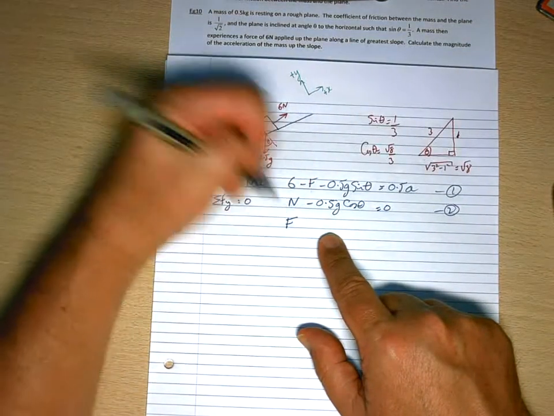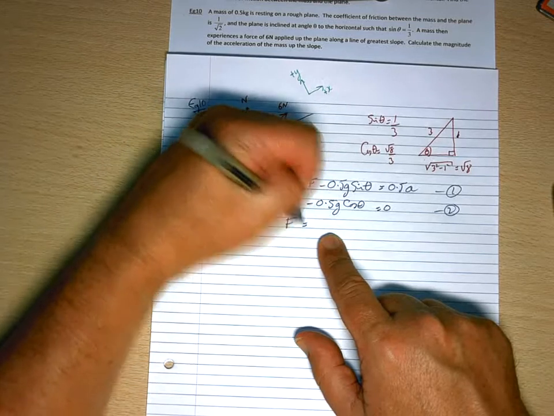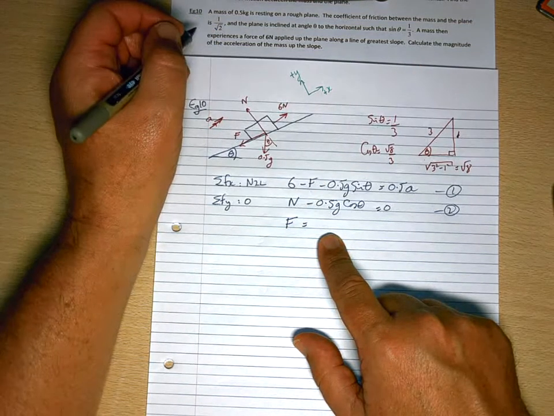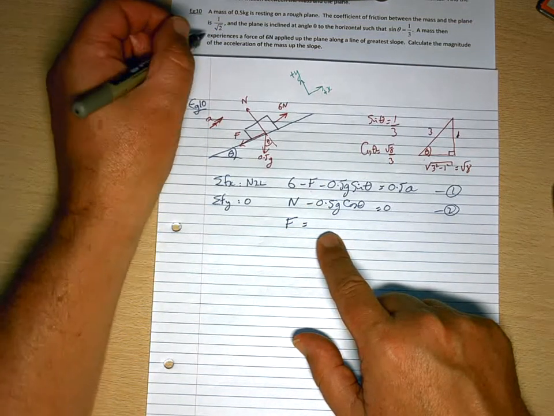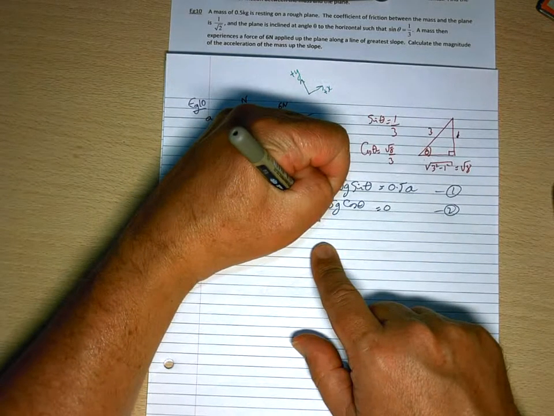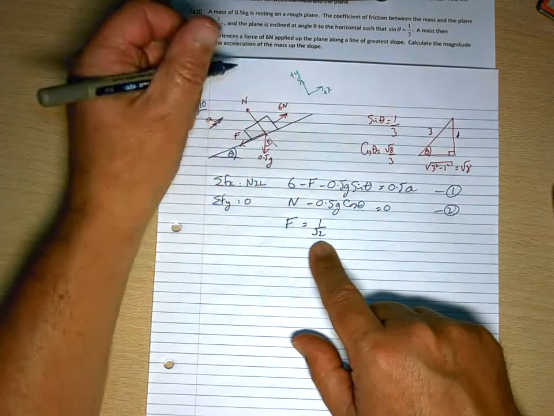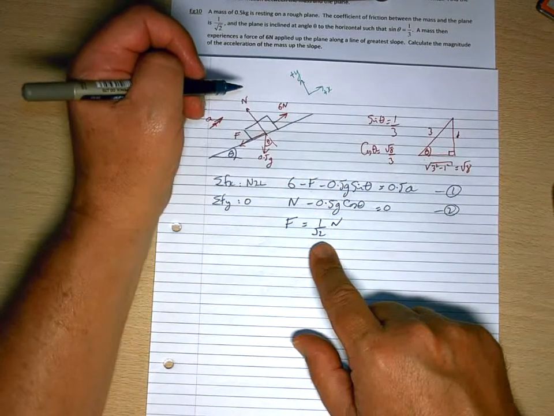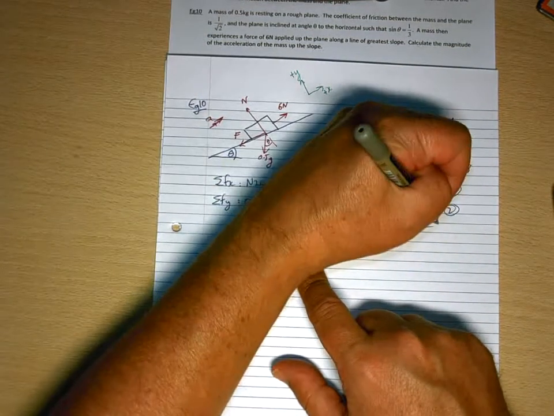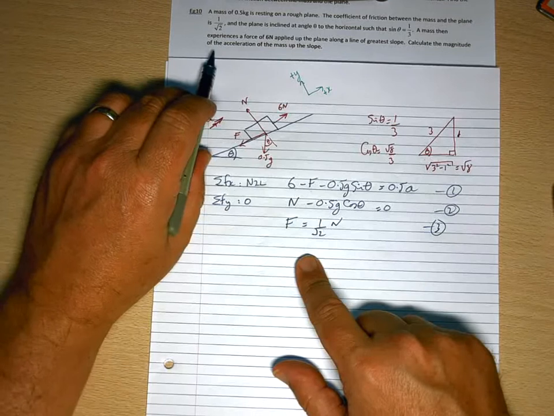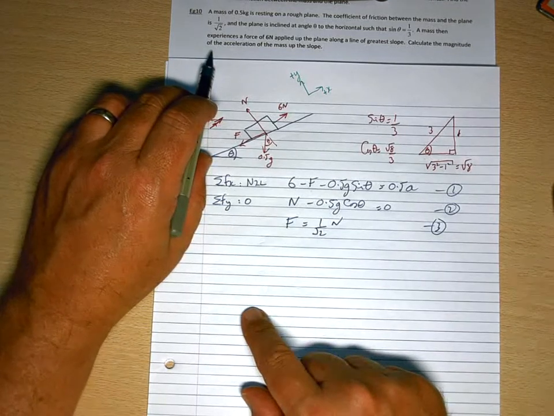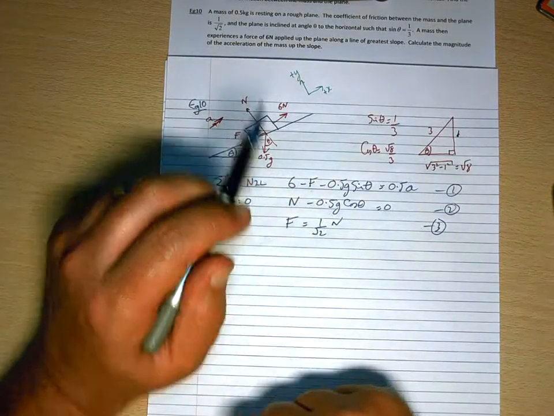And then the last expression is F max equals mu, which we know is 1 over root 2, times the normal reaction.